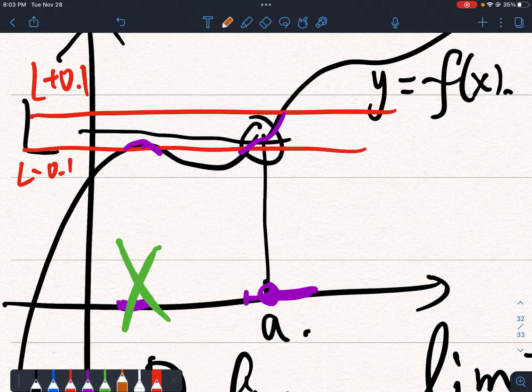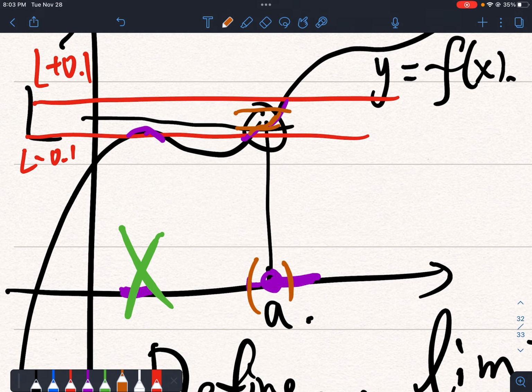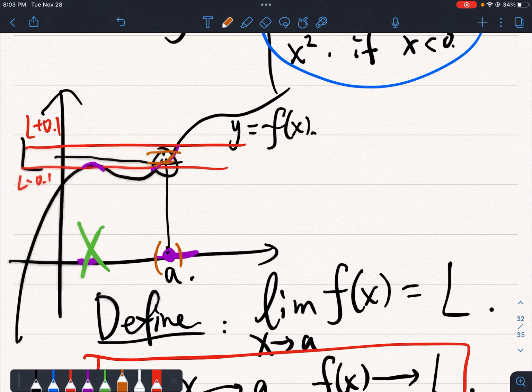So all we need is that we can find some open interval centered at A that is small enough, okay, that when we mapped on the graph, it is entirely within this interval. Okay, it has to be contained in the set L minus 0.1 to L plus 0.1, but it doesn't need to be the same. Okay, it has to be small but not big.